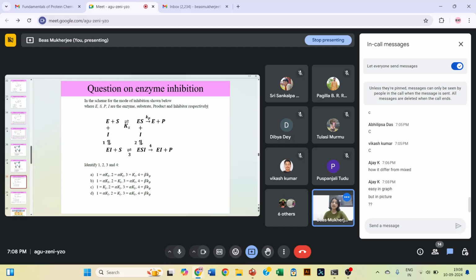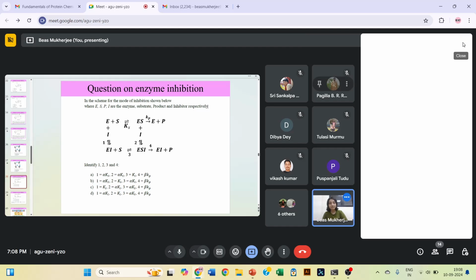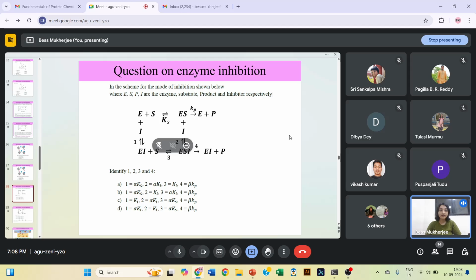Right. So now we come to a relatively tougher question. In this question, they are asking you what 1, 2, 3 and 4 are going to represent.